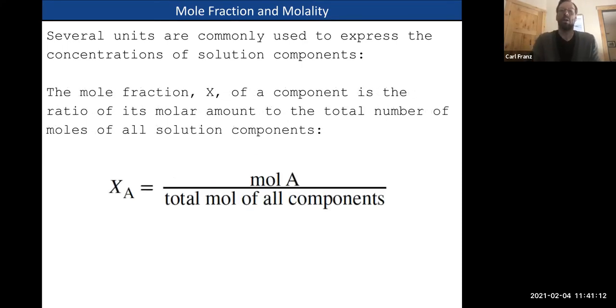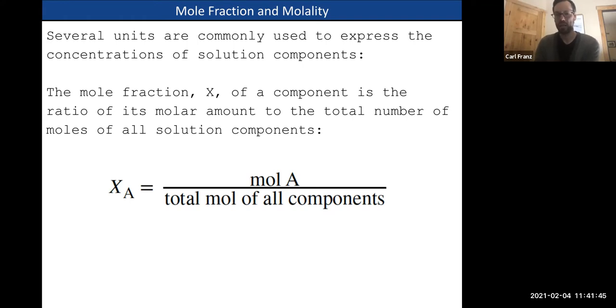And then also the other expression is mole fraction. So that's going to be designated as X. It's the ratio of the molar amounts, okay, of, in this case, the solute, so the moles of solute over the total moles of everything going into that solution. So the moles of the solute and solvent. So a mole fraction is just moles over moles.